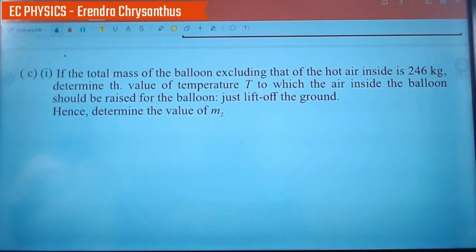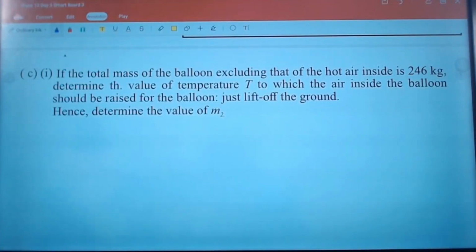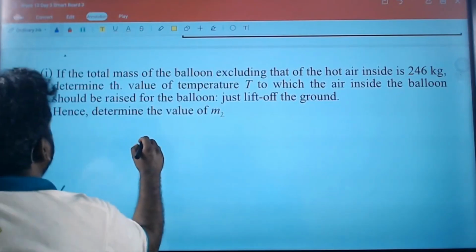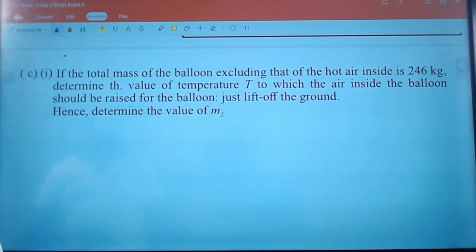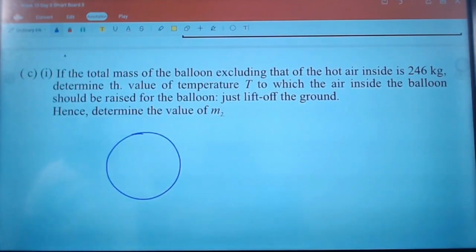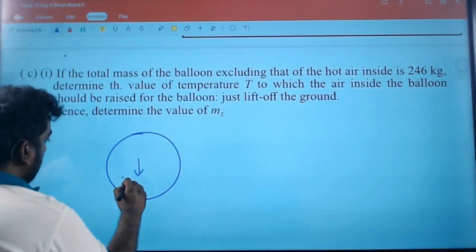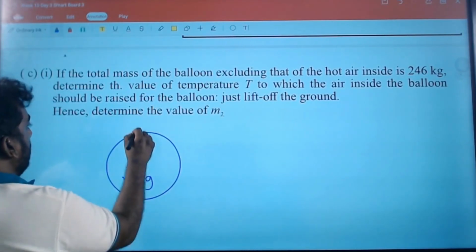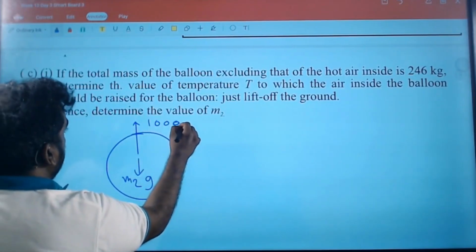If the total mass of the balloon excluding that of the hot air inside is 246, determine the value of the temperature to which the air inside the balloon should be heated just to lift off. Hence find the mass M2. Be careful. Here weight is M2 g. Upthrust is 10,000, no change.